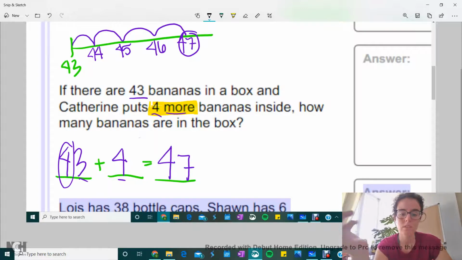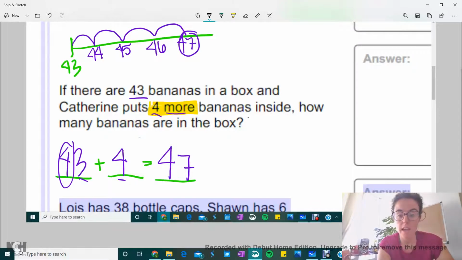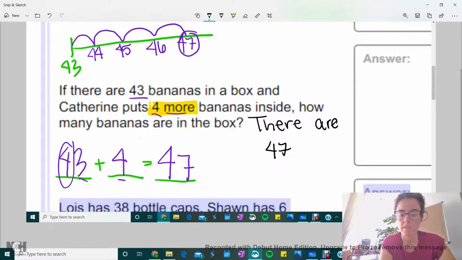Great. And now, did you just finish right there? Or did you write your sentence? I hope you wrote the sentence, because these are word problems. We need to use words to explain our answer. So we have to say, there are 47 bananas. Man, my handwriting is getting so messy.